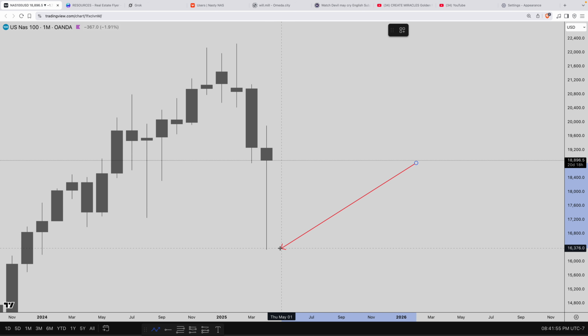Each candle has a low, which is that wick right there, and we also have a high, which is this wick up here, right? So every candle has a low point down there and a high point, which is the very tip of the wick. And then each candle also has an open and a close.